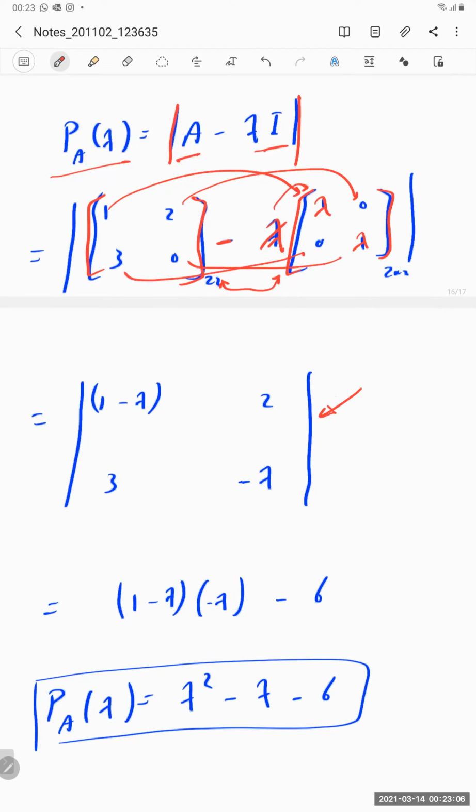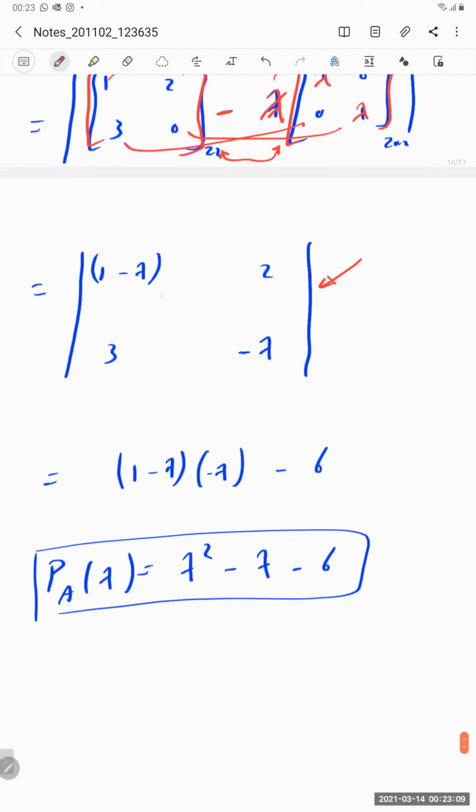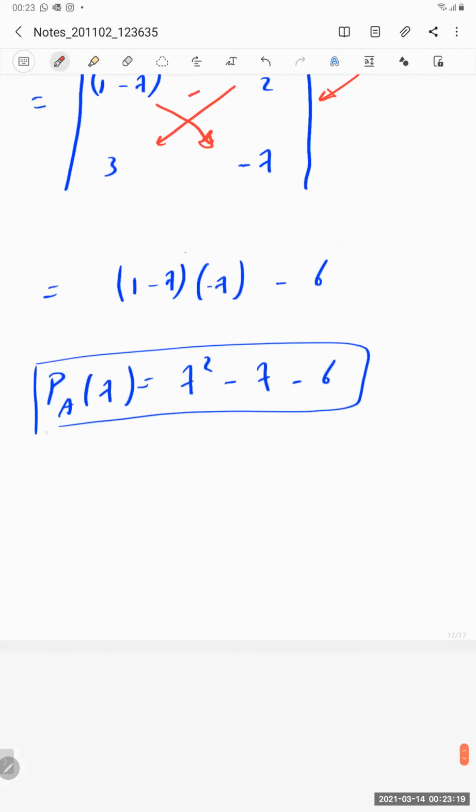So we got this one. The determinant, as we said for 2 by 2, is the main diagonal elements product minus the other diagonal elements product. So 1 minus lambda times minus lambda, minus 2 times 3, which is 6. So we got this result.